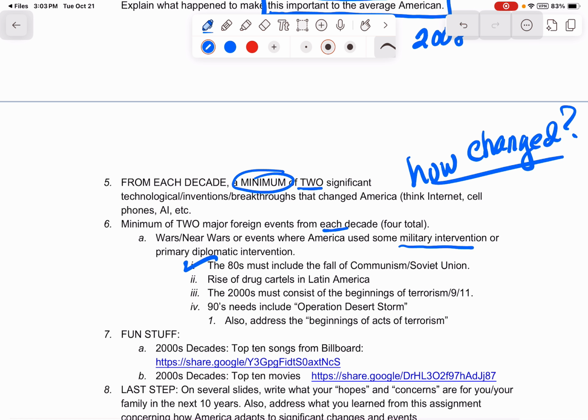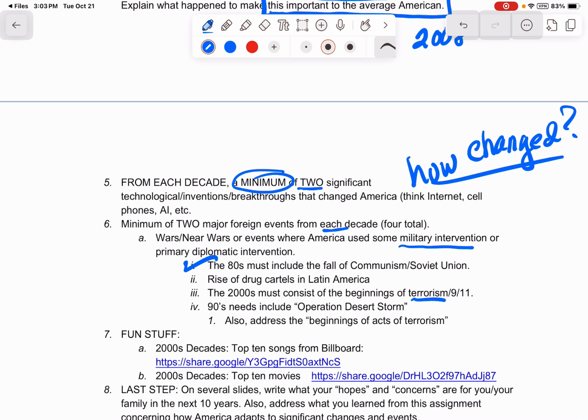This is required. You can't do the 80s and the 90s without talking about drug cartels. Right now, in 2025, the United States is bombing boats and ships in the Caribbean, particularly pinpointing Venezuela because of drug cartels. The 2000s must consist of the beginnings of terrorism.